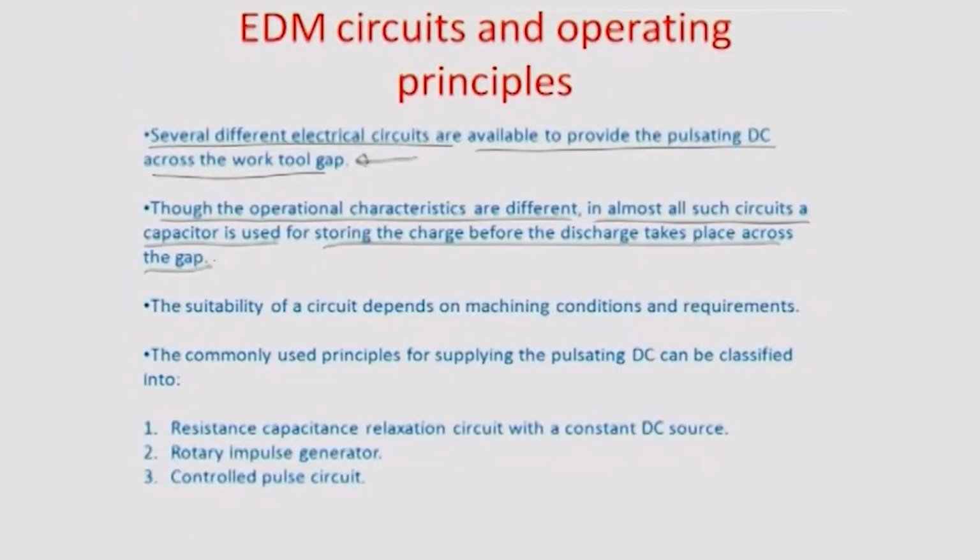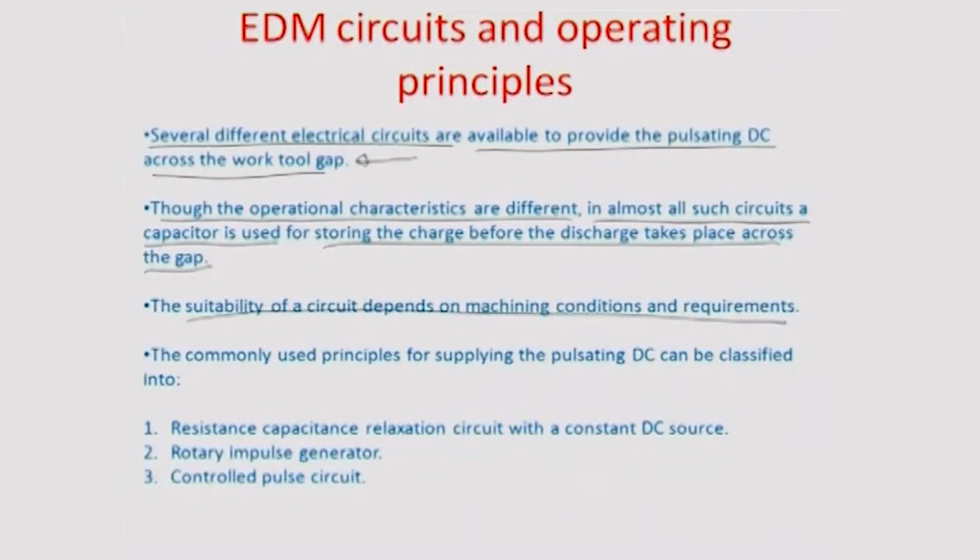It is a device which would charge up to a certain point of time and then outburst the charge all at one go as a packet, and it intuitively seems reasonable that we should include this in the circuit for matching the frequency at which energy is supplied from a source to the electrode with the way that the spark is getting transported between the electrodes. So, of course, the suitability of a circuit highly depends on machining conditions and the requirements.